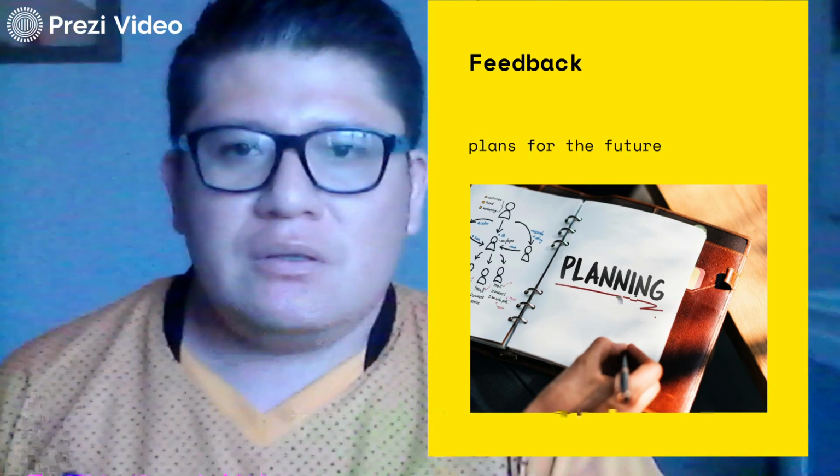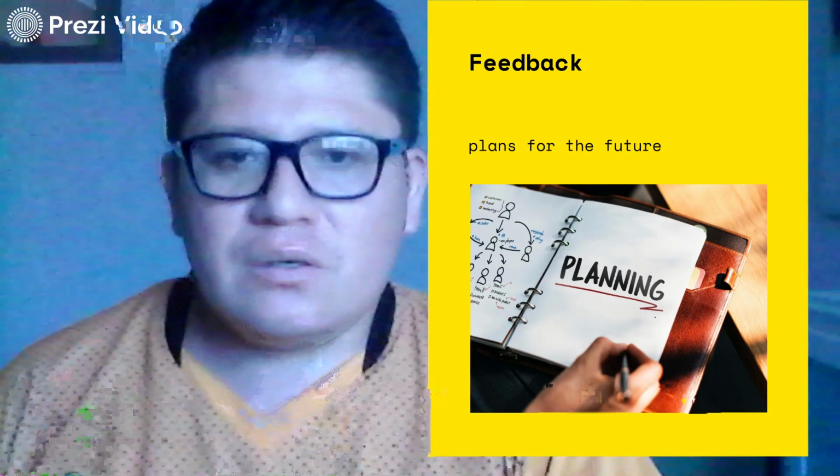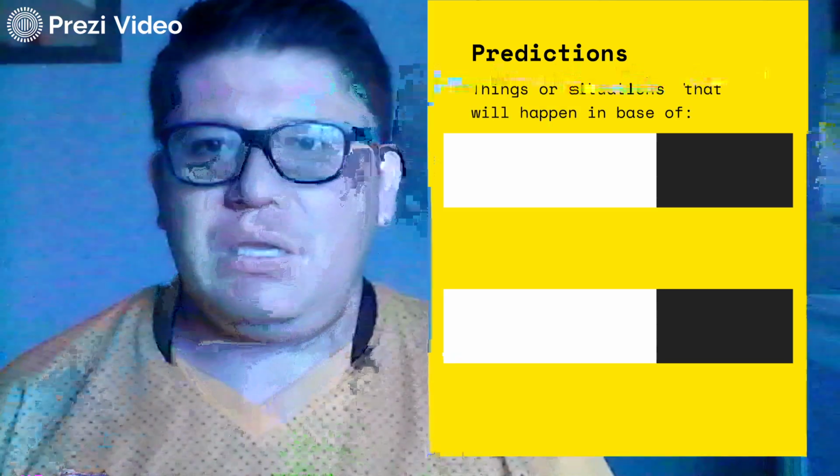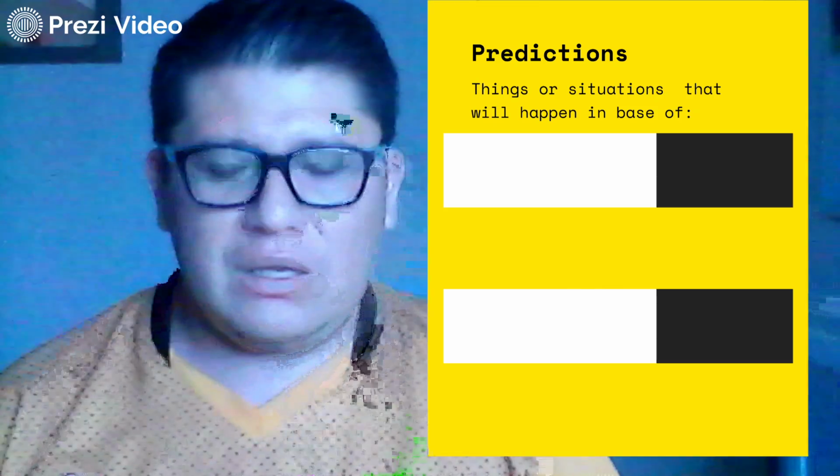So let's continue with the definition of prediction. What a prediction is. Predictions are things or situations that will happen based on two things. Things that we see.